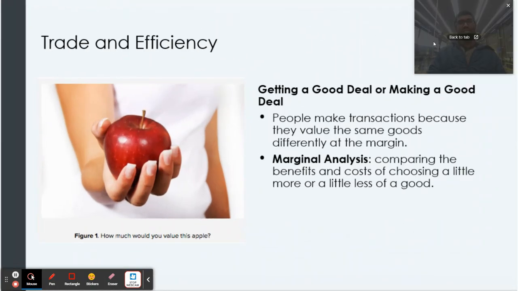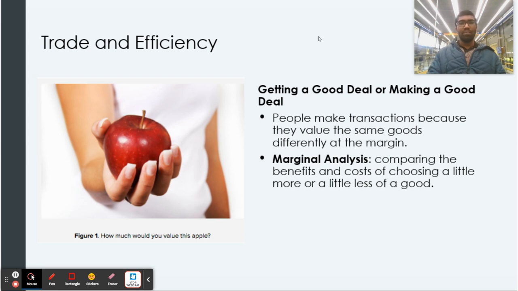So, trade efficiency: getting a good deal or making a good deal. People make transactions because they value the same goods differently at the margin. For example, if you go to a market to buy tomatoes, we can see different prices: some sell at 10 rupees, some at 12, some at 15, some at 20. It changes according to months.